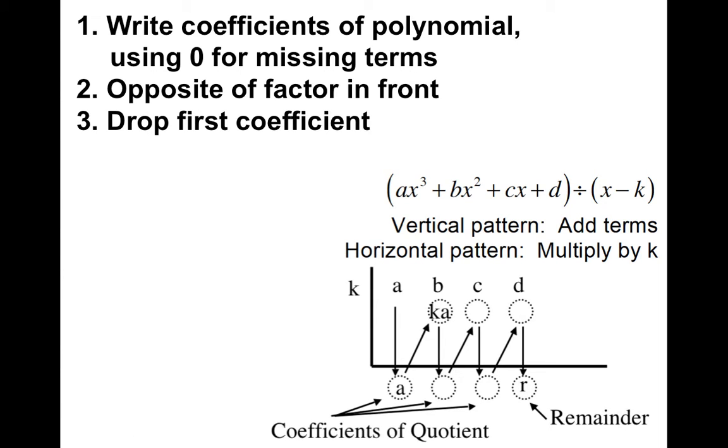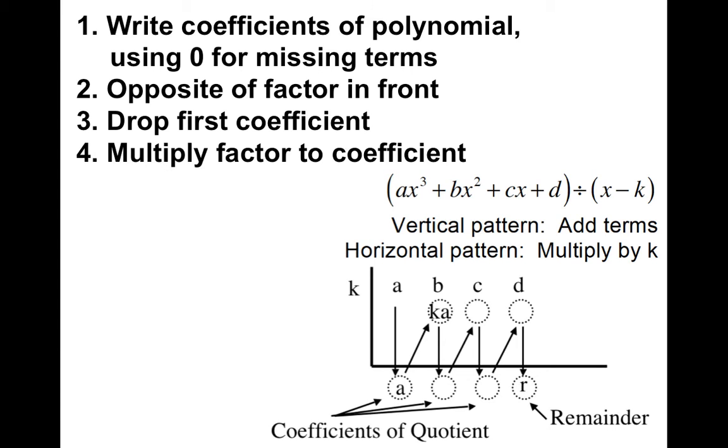You drop the first coefficient down, so whatever this is drops down. Then you multiply the factor k to the coefficient a, so it's k times a. That product goes below the next coefficient. From there, you're going to add these two numbers and put the sum down here.